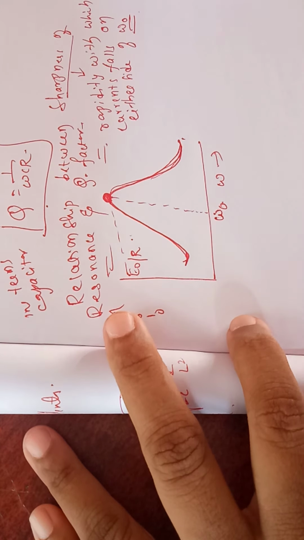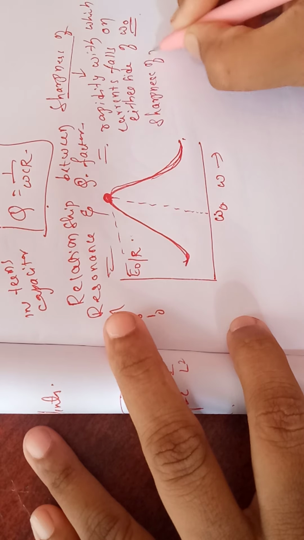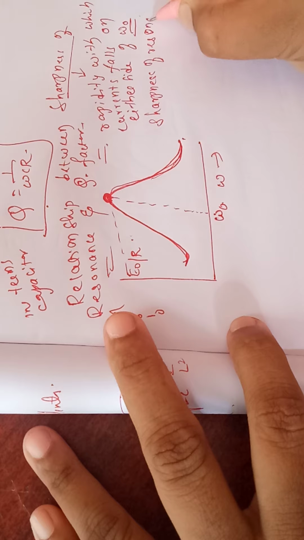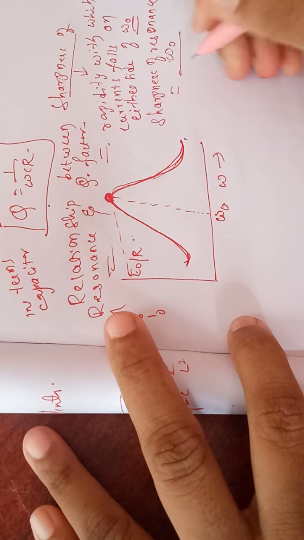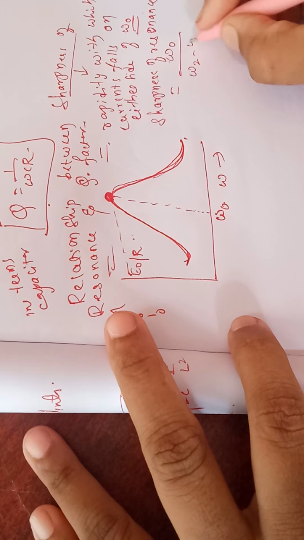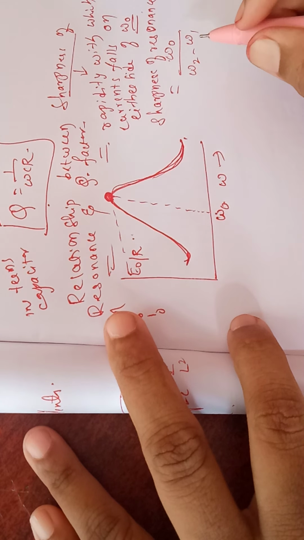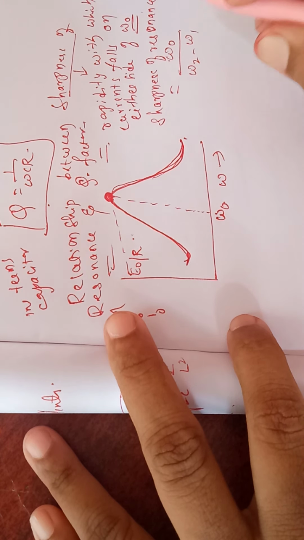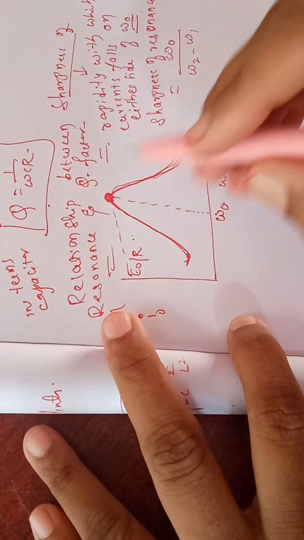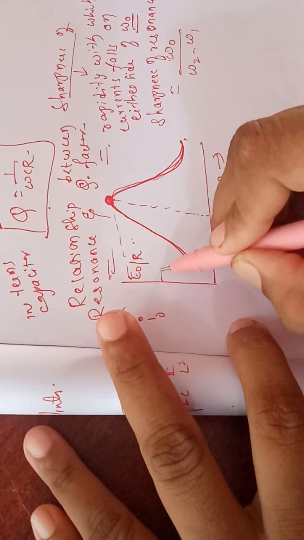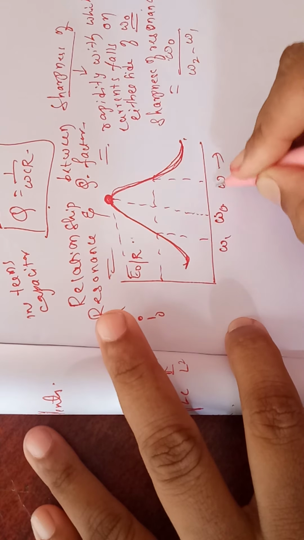Now this is how it is measured. Sharpness of resonance is measured as the ratio of the resonant frequency by the difference in half power frequencies.